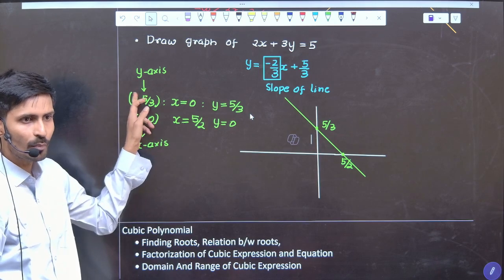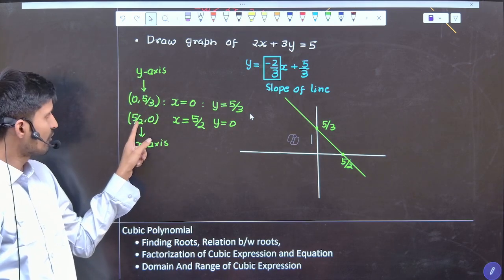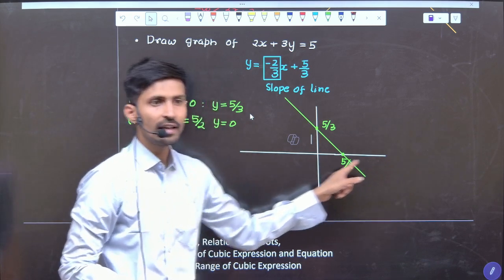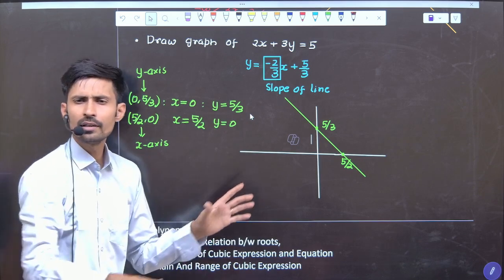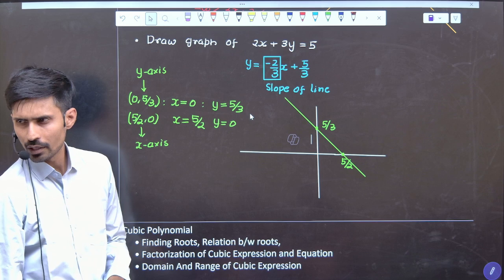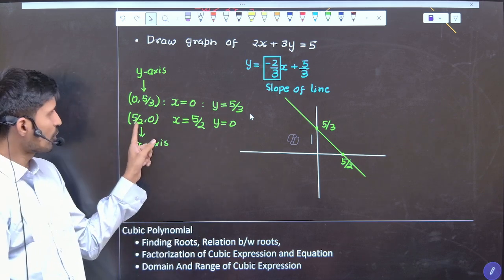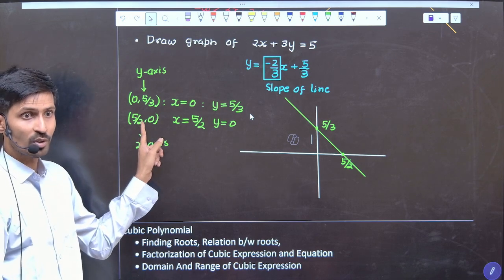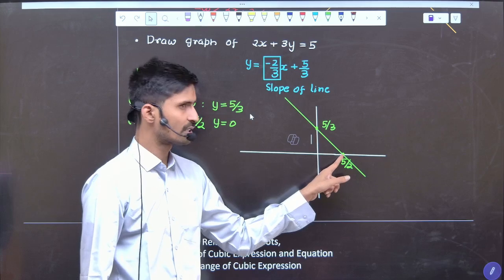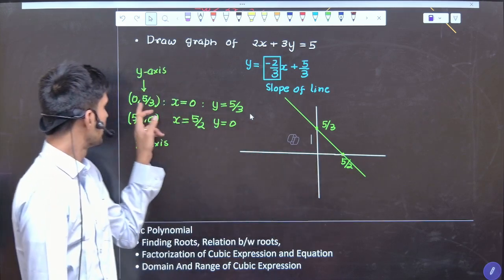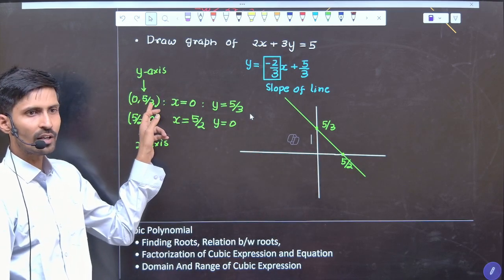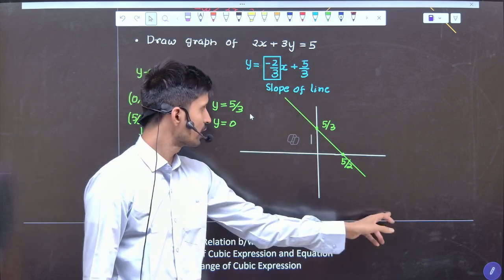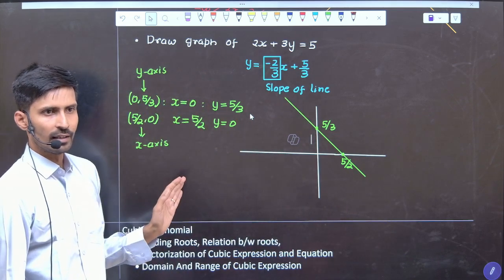When x is 0, the point lies on the y-axis. So you can say 5 by 2 comma 0. I have to search where 5 by 2 comma 0 is on the x-axis. If you are doing a rough graph, 5 by 2, tell me, positive or negative? Positive. So it will be on the positive x-axis. Somewhere on the positive x-axis you can mark plus 5 by 2. Now 0 comma 5 by 3. The y coordinate 5 by 3, positive or negative? Positive, somewhere on the positive y-axis. You connect both and you get the line, and that is the graph.